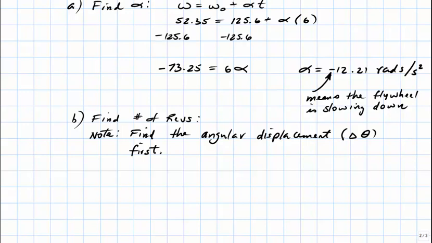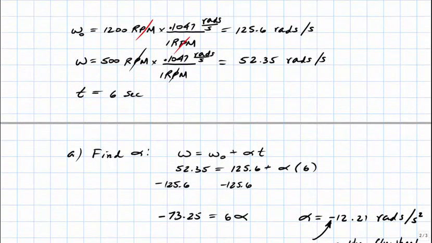Once again, let's take inventory of what is known. Alpha is known, we just calculated it. And of course, omega 0, omega, and t are known as well.